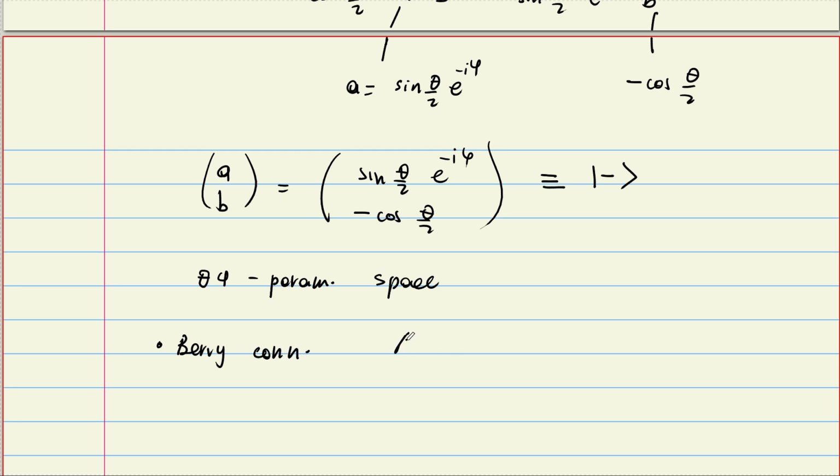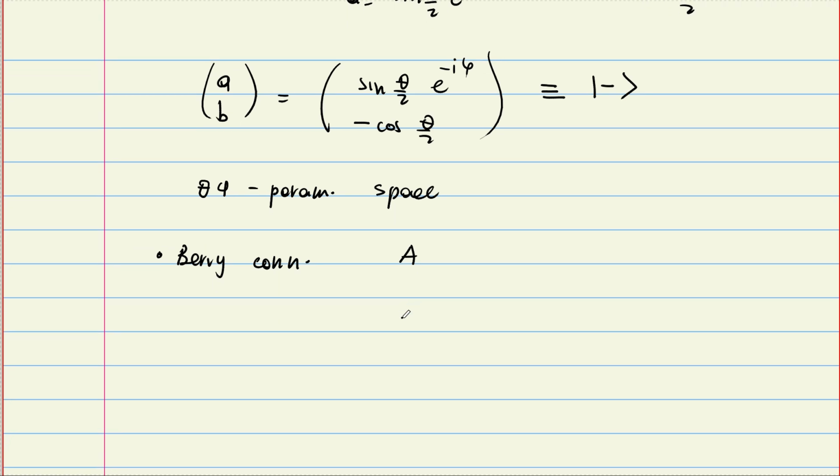So, let me not write double A, it's kind of awkward. Now we know it is Berry, but if you want to make sure, you can be a little bit more careful. So this is A minus of theta is equal to I minus del theta minus. And this thing is this.